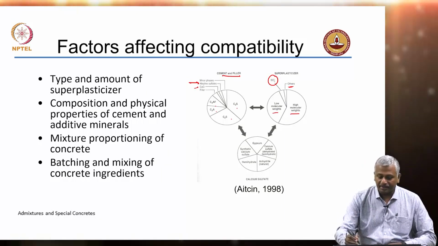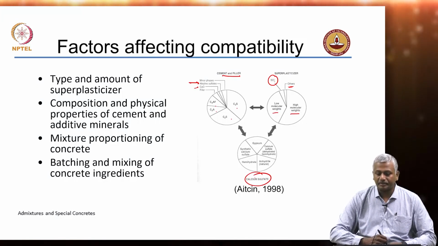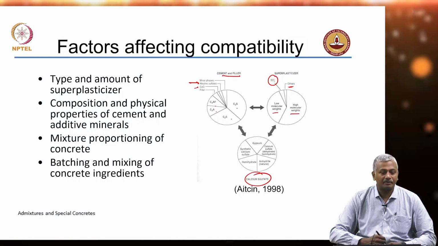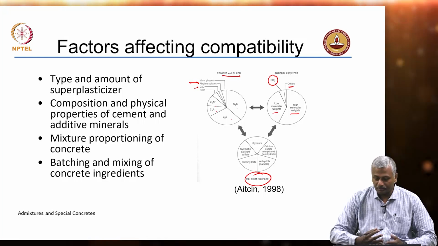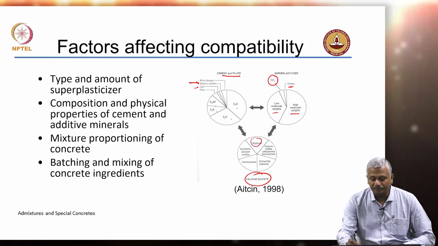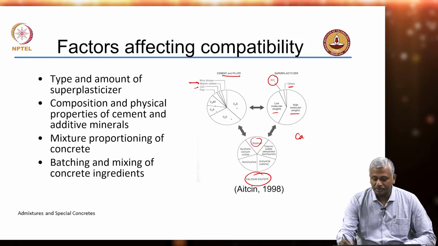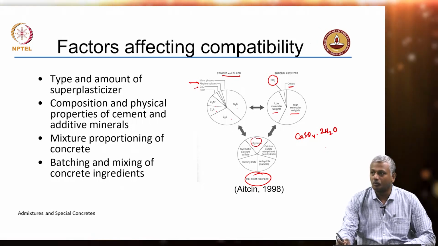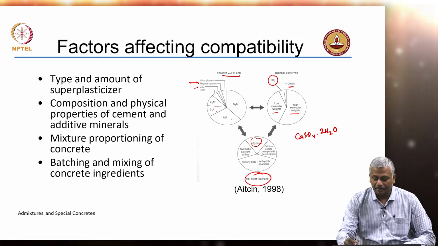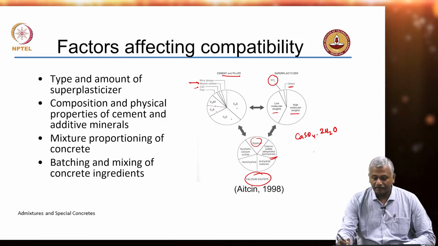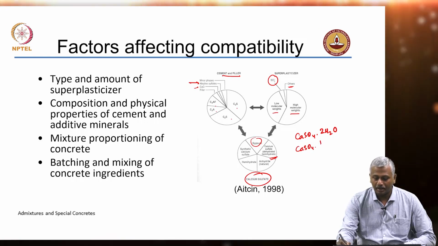And interestingly, the calcium sulfate that you add to the cement can have a major influence on the way that your system behaves. So, you have gypsum, which is calcium sulfate dihydrate, 2 molecules of water associated with gypsum. Then you have hemihydrate, that is calcium sulfate half H2O.